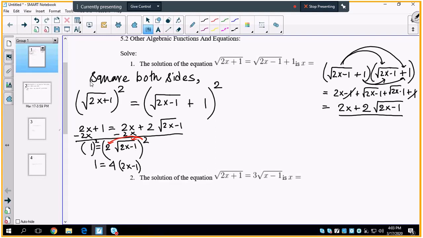So this has become a linear equation which we are going to now solve. So I get 1 equal to, distribute the 4, you get 8x, and then 4 times negative 1 is negative 4. I will add 4 on both sides, and I will get 5 equal to 8x. Then I divide both sides by 8 to isolate x, and I get x equal to positive 5 over 8.